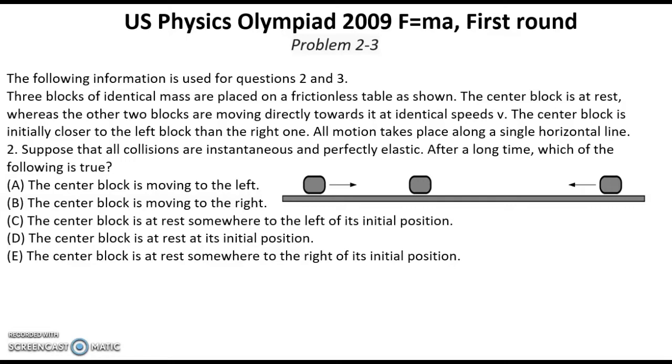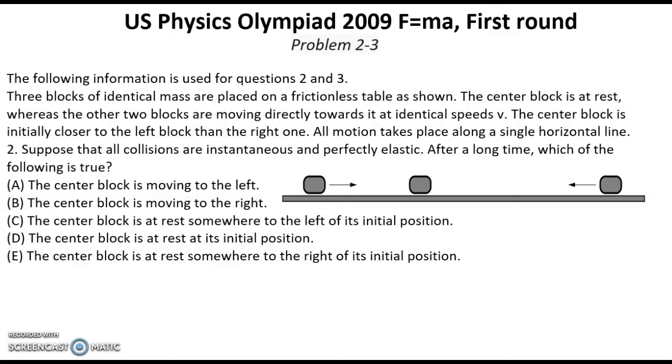The center block is initially closer to the left block than the right one. All motion takes place along a straight horizontal line. Second problem. Suppose that all collisions are instantaneous and perfectly elastic. After a long time, which of the following is true?